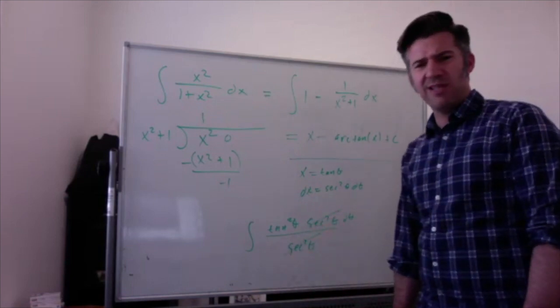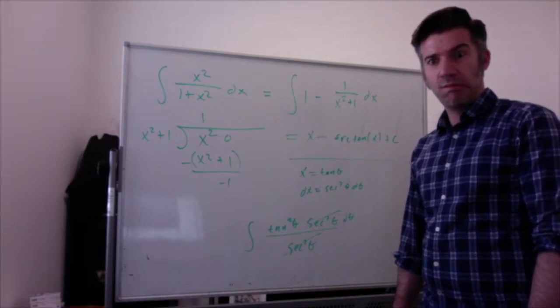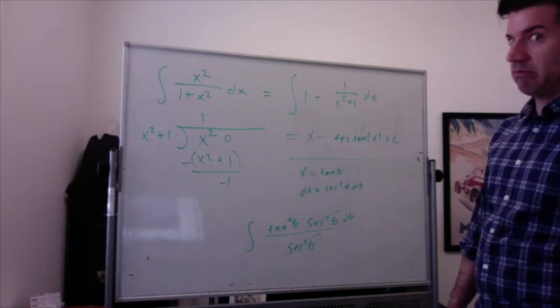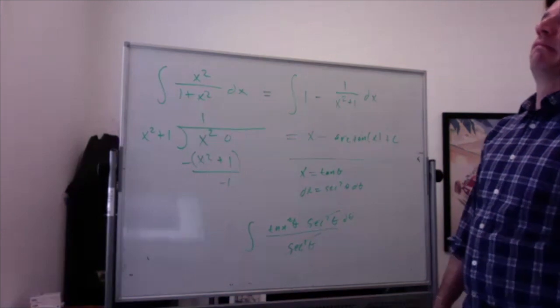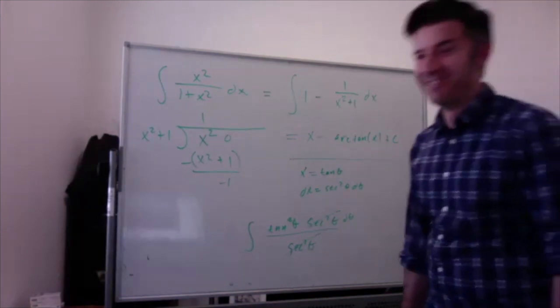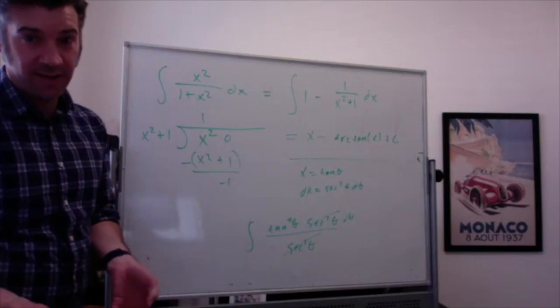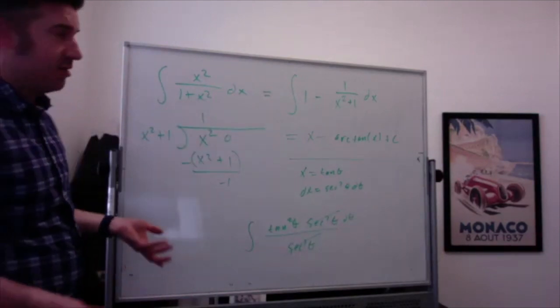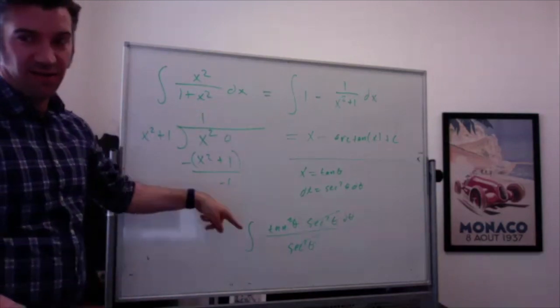How do you integrate tangent squared? This could come up. Tangent squared is another, like, doubly trick question. One, it's easy if you do it that way, but if you don't do it that way, you get to here, and then this.